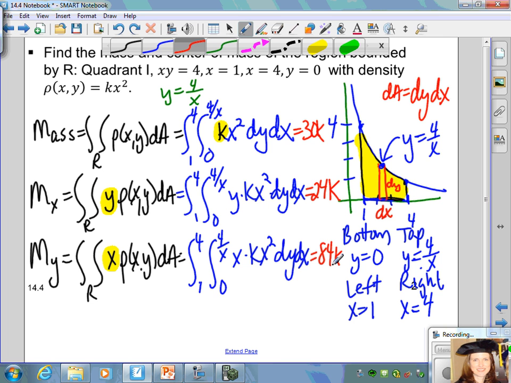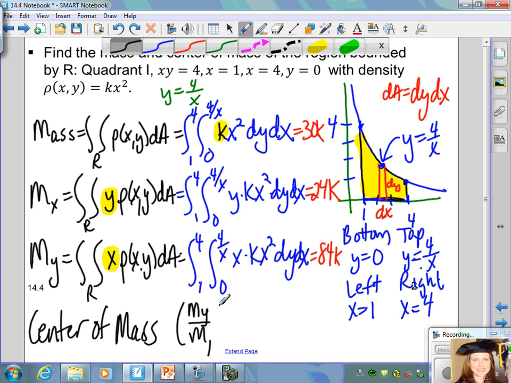We're going to put this all together to find the center of mass, where we take the moment with respect to the y-axis divided by the mass, and the moment with respect to the x-axis divided by the mass.